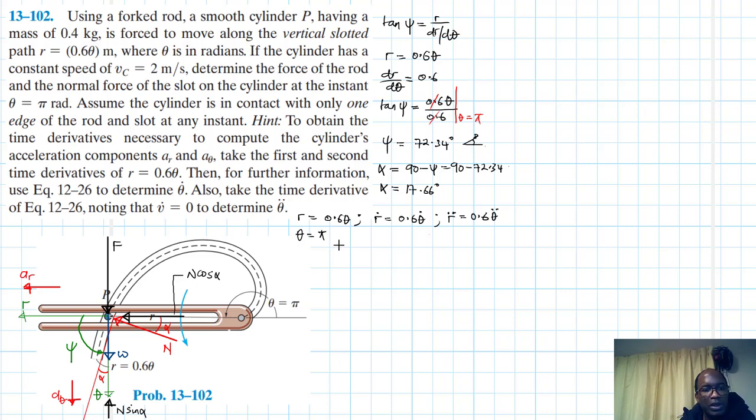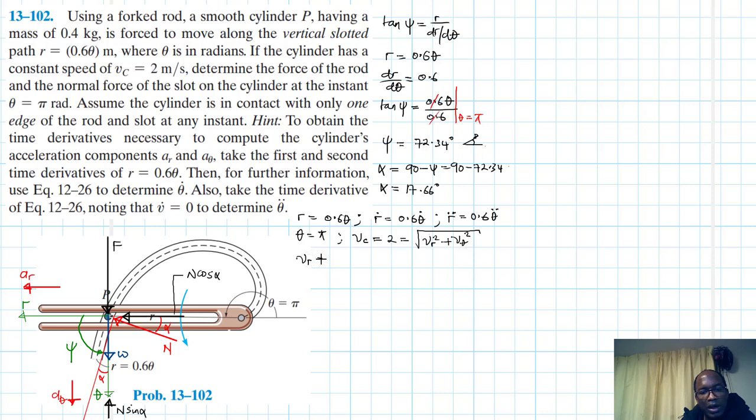I mean, we need theta dot. We don't have it here, but we do have our VC, which is equal to 2. This is the resultant velocity, the square root of Vr squared plus V theta squared.